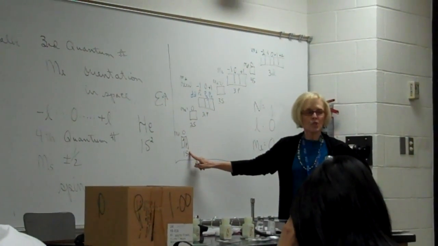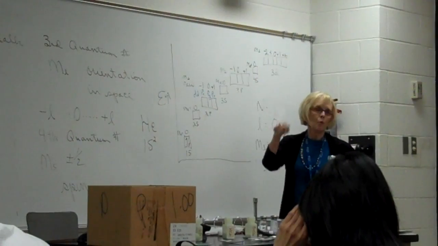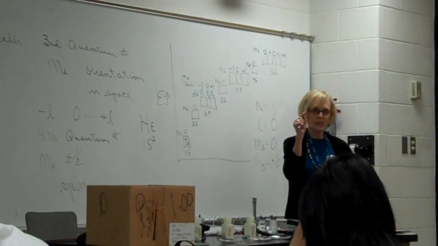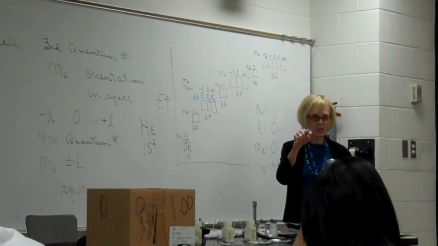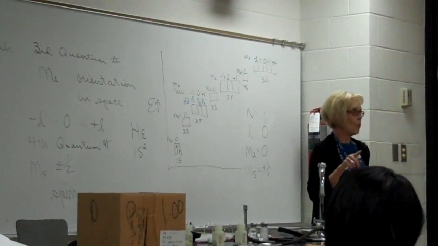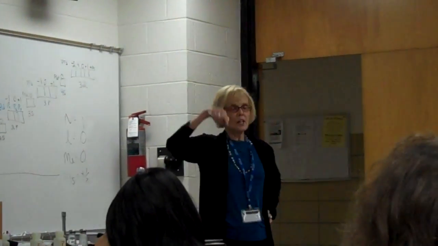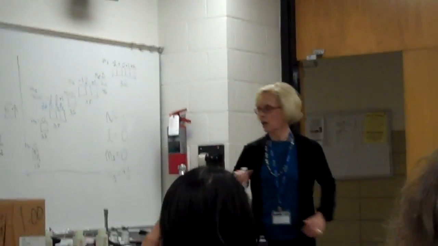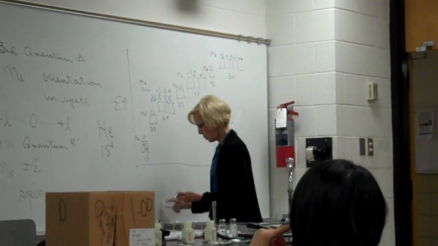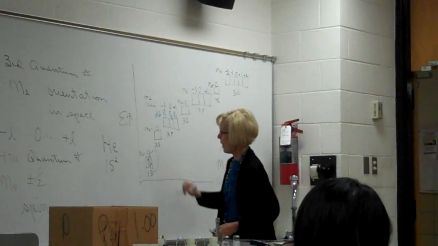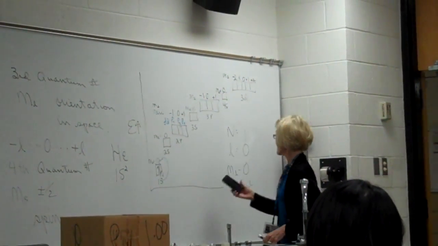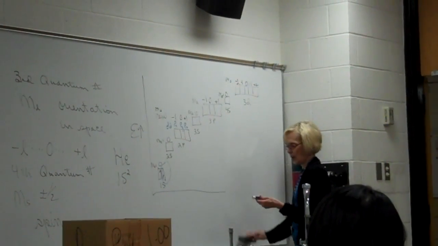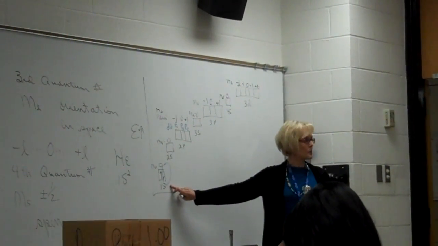So I can't just say, what are the quantum numbers for helium? I've got to specify which electron. Generally, what we do is, what is the last electron? So I want us to do that guy. We did the first guy. So now I want his address, the one circled in blue.